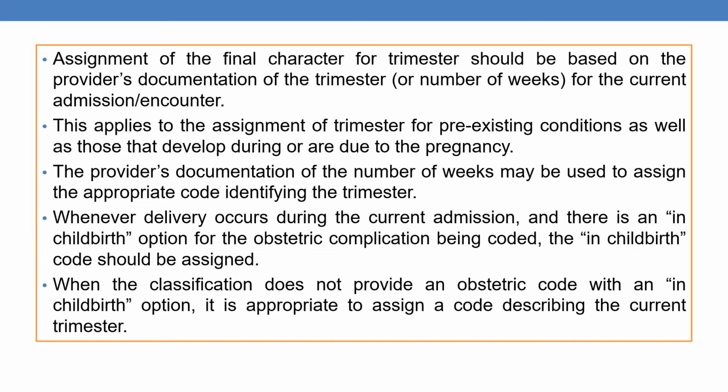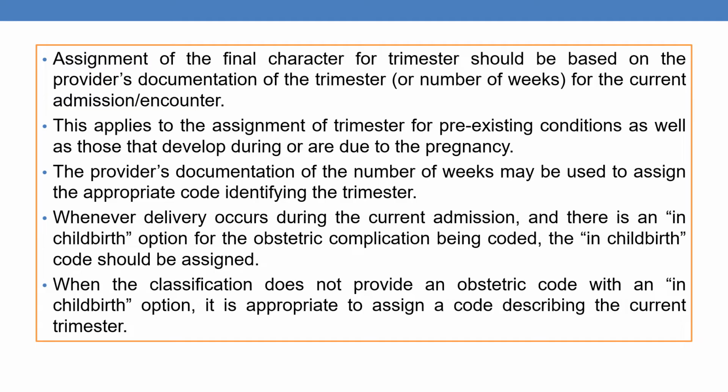And the assignment of final character for trimester should be based on the provider's documentation of the trimester, which is indicated by number of weeks, as we have seen earlier, for the current admission or encounter. This applies to the assignment of trimester for pre-existing conditions as well as those that develop during or due to pregnancy.